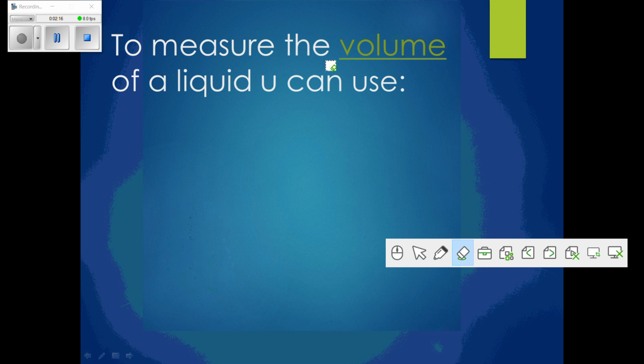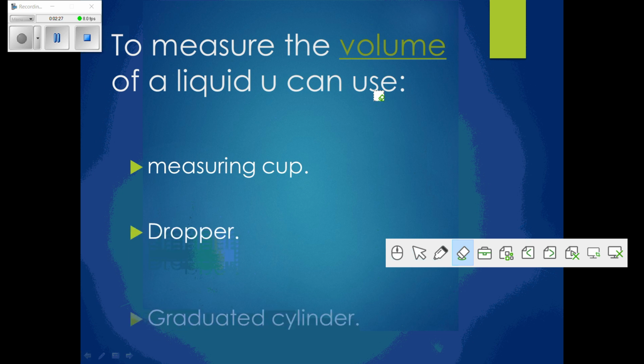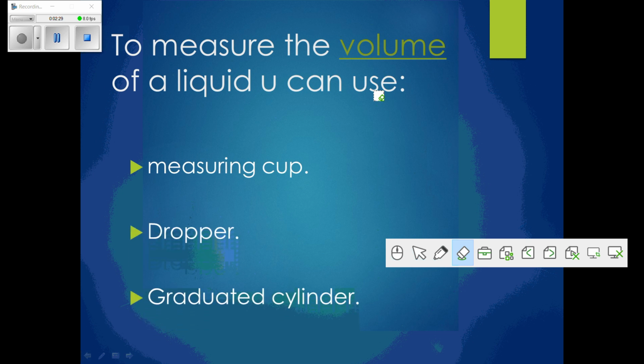To measure the volume of a liquid, scientists use a measuring cup, a dropper, or a graduated cylinder.